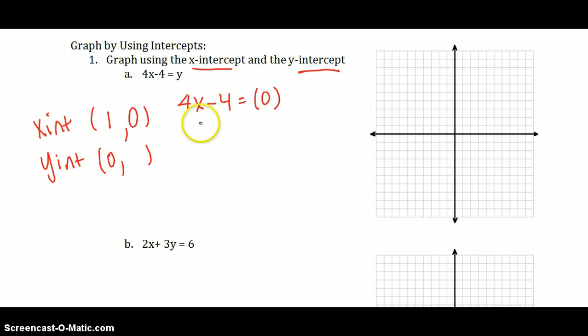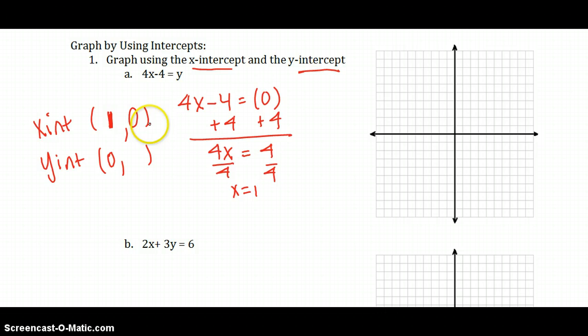Alright, to isolate x, I need to add 4 to both sides of the equation, and that would give me 4x equals 4. Now I need to divide both sides by 4, and x equals 1. So I have now found the x-intercept is 1, 0, and I can come over to my graph and plot 1, 0. Notice how it's sitting nicely on the x-axis.